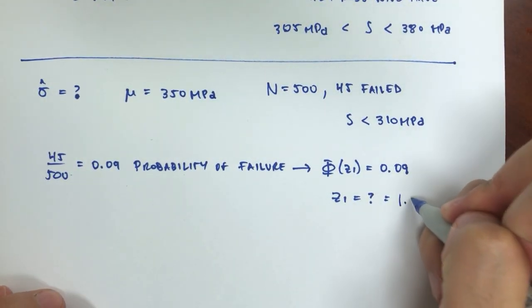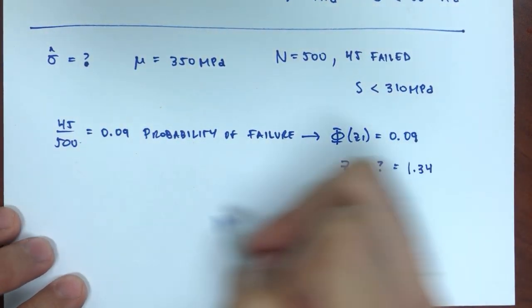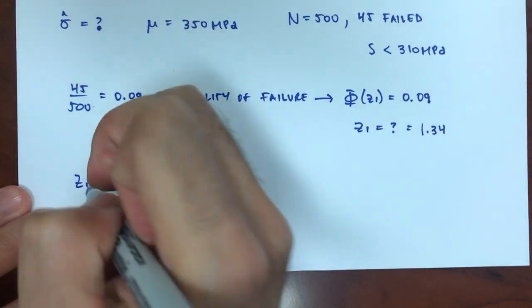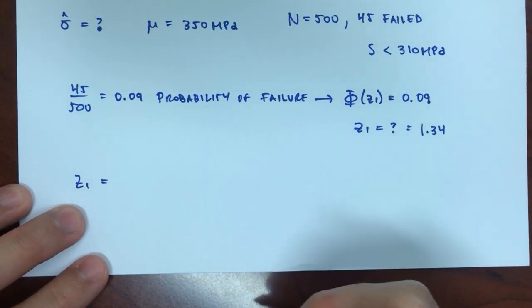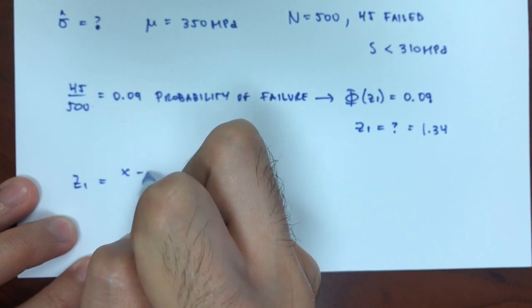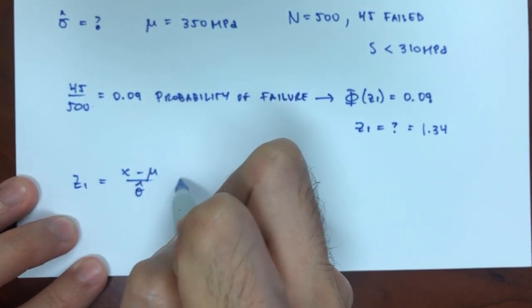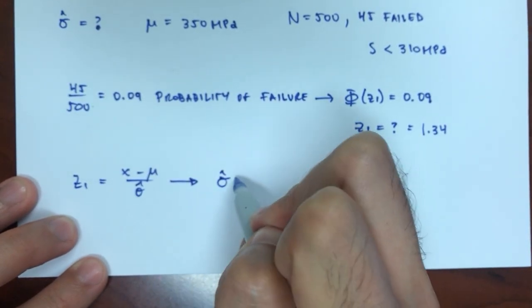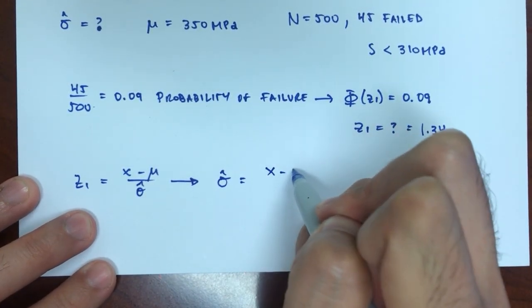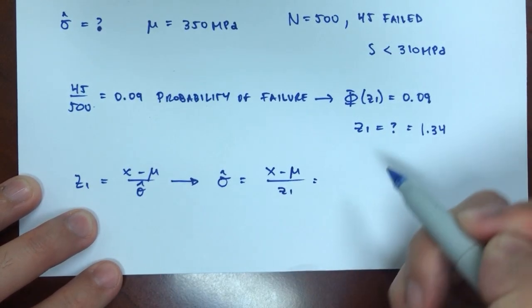So 1.34, right? And I know that Z1 is my non-dimensional variable, which is x minus mu over the standard deviation. So from this, I know that the standard deviation is going to be x minus mu over Z1.